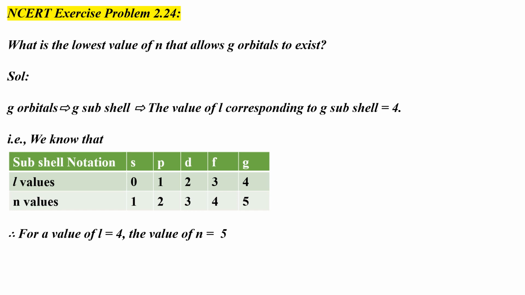And if you write the corresponding values of n, you find that you can find G subshells in the 5th shell. So, for L equal to 4, the value of n is 5. This means that only in the 5th shell would you come across G orbitals.